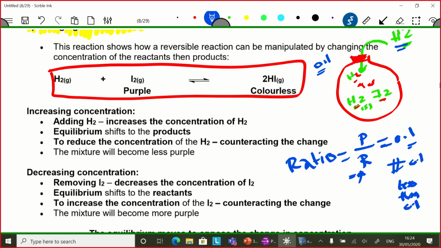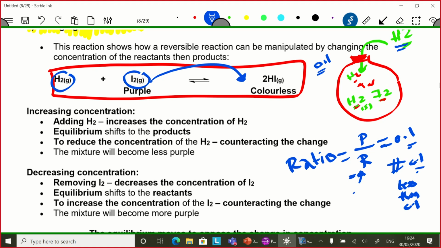So the system is going to respond back. It's going to say no, I want it to return back to 0.1 again. So how are they going to return back to 0.1? They're going to do this by reacting together again to produce more product.